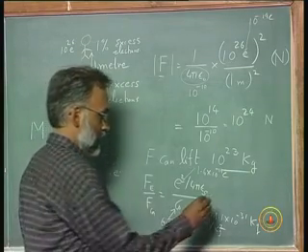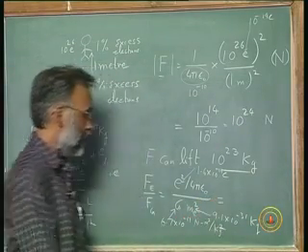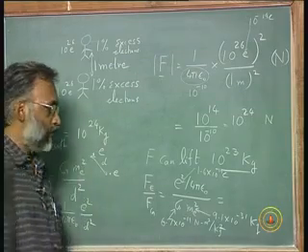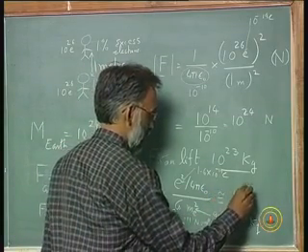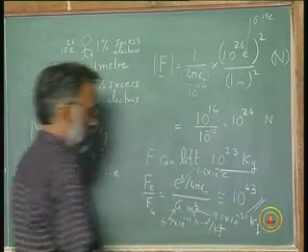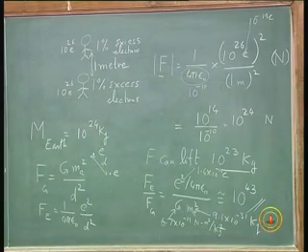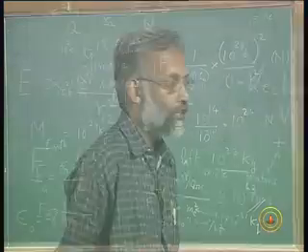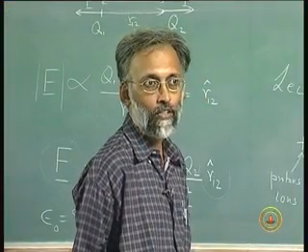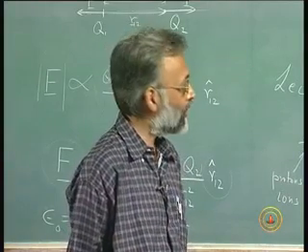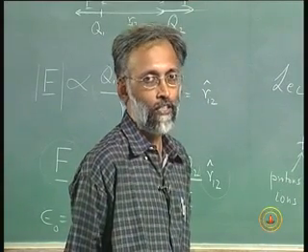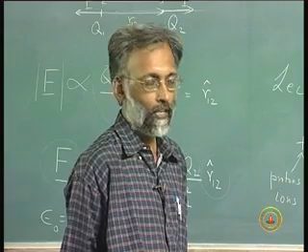Well, you can work it out, and what you find is that this is of order 10 to the 43. That is, the electric force between two electrons is 43 orders of magnitude stronger than the gravitational force between those electrons.